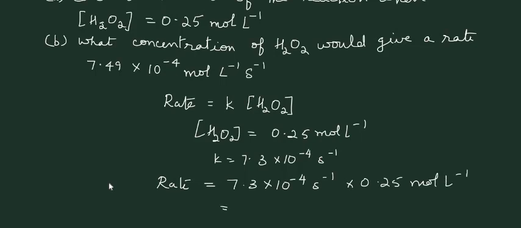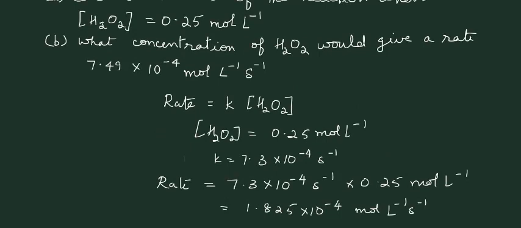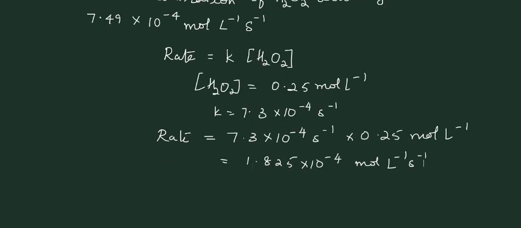The answer for this is 1.825 into 10 raised to minus 4 moles per liter per second. Now B part is, if the rate is 7.49 into 10 raised to minus 4 moles per liter per second, then what would be its concentration?